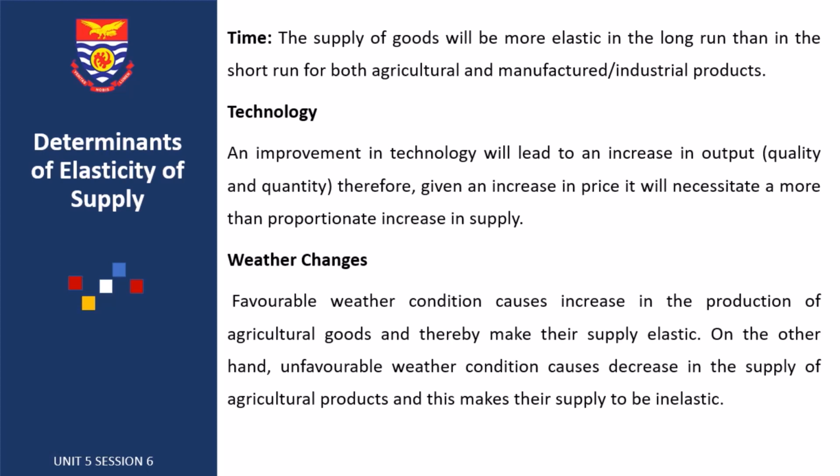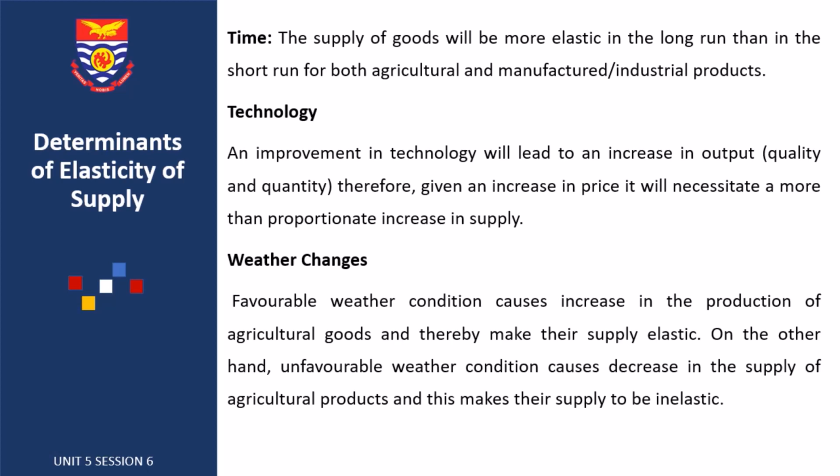Manufactured goods, on the other hand, can be produced in the short run, causing their supply to be elastic. In sum, since supply can be increased in the long run, irrespective of the type of product in question, then in the long run, all goods tend to be relatively elastic.